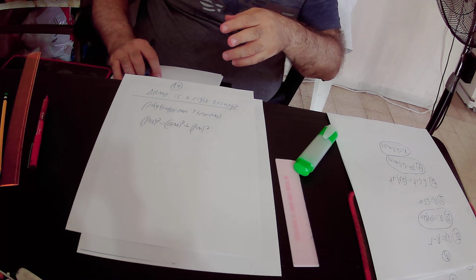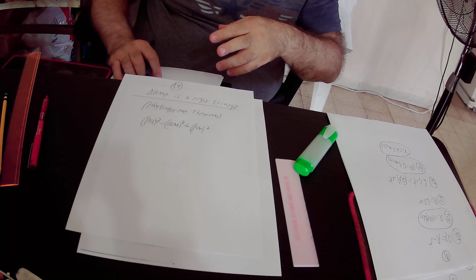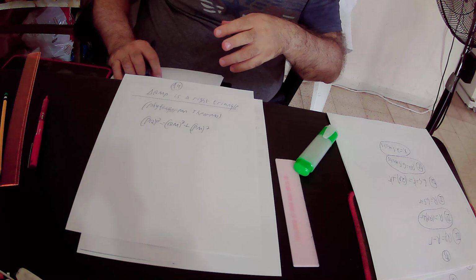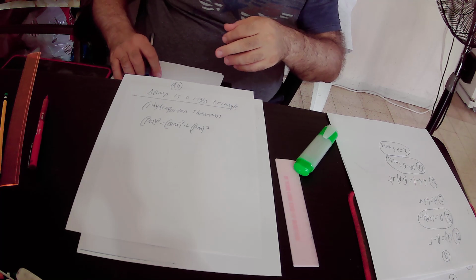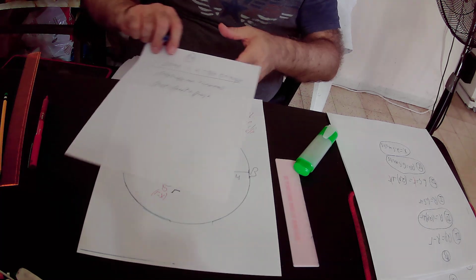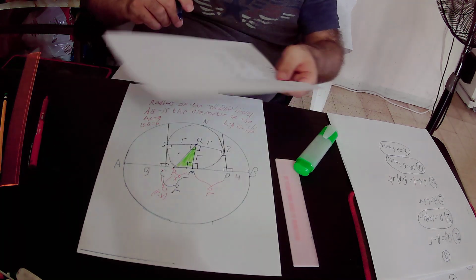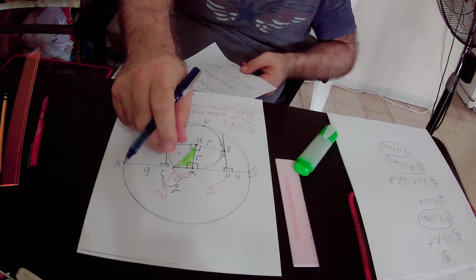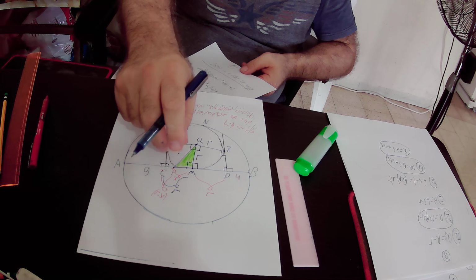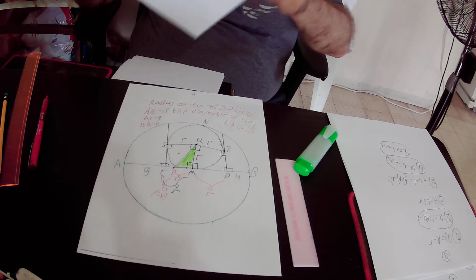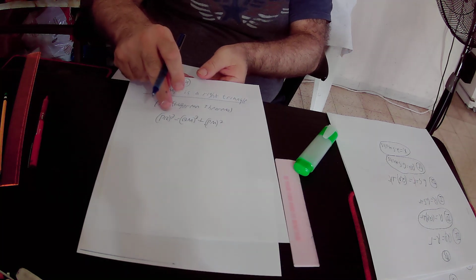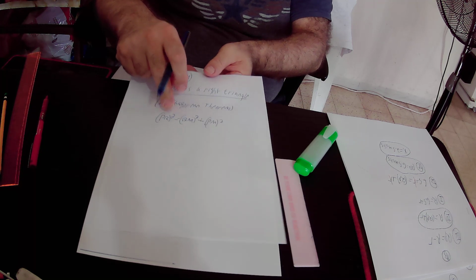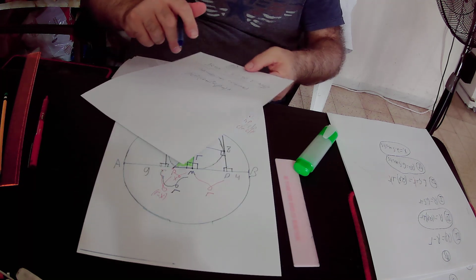But we have already found that PQ equals 6.5 units, and PM, that is x, equals 2.5 units.